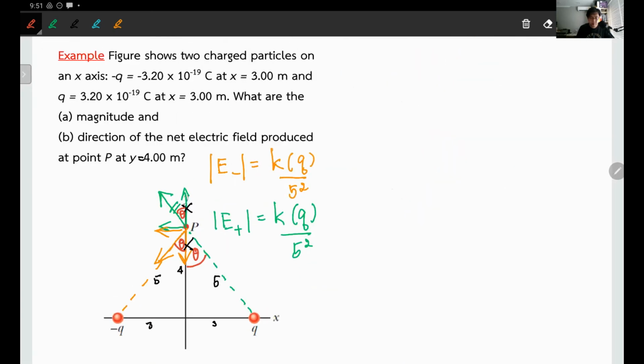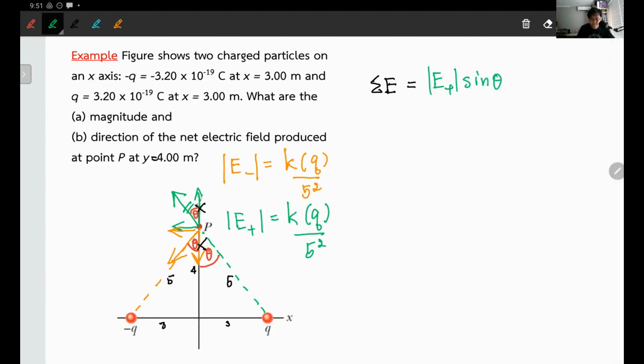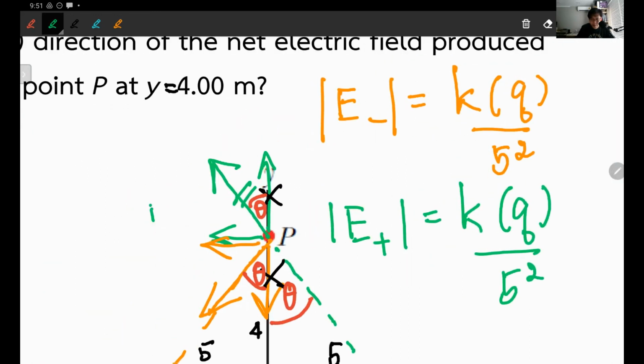So what you have over here is going to be the net electric field, which will be equal to the horizontal component. Let's do the horizontal component from the green. The E positive is going to be E positive sine theta. You guys with me? Let me write it in here. That's E positive sine theta. And you're going to have another one, E negative, let me use absolute value, sorry.